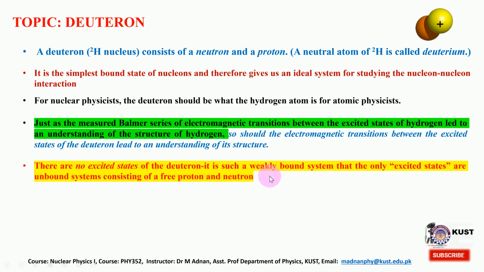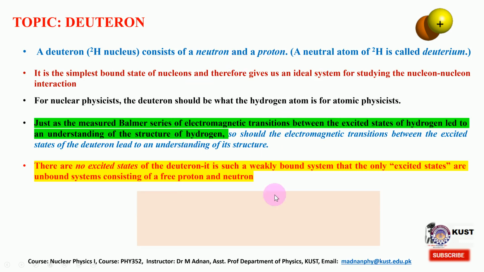That is, once you give energy equal to the binding energy of deuteron, which we will be discussing in this lecture, then there are no excited states available for these nucleons, so the same mechanism can be applied as in atomic physics for the hydrogen atom.